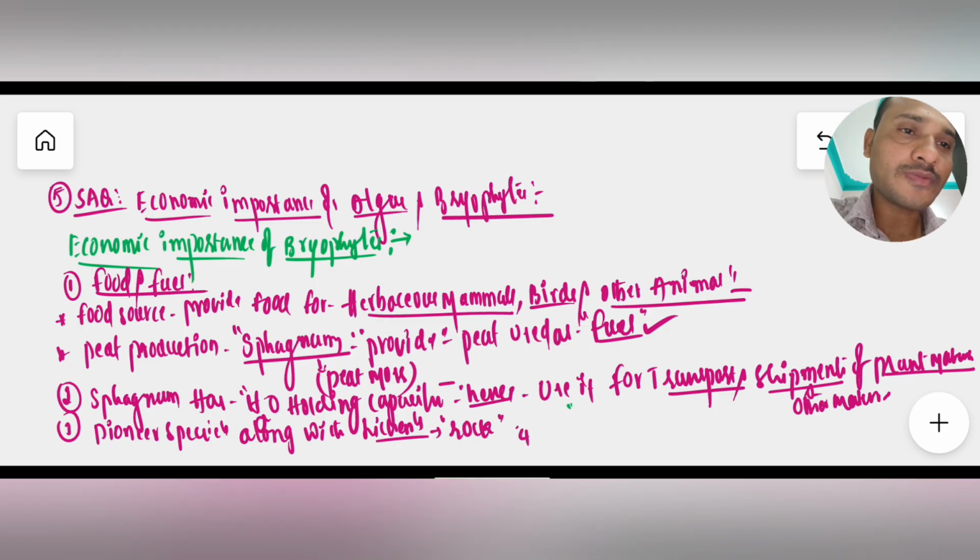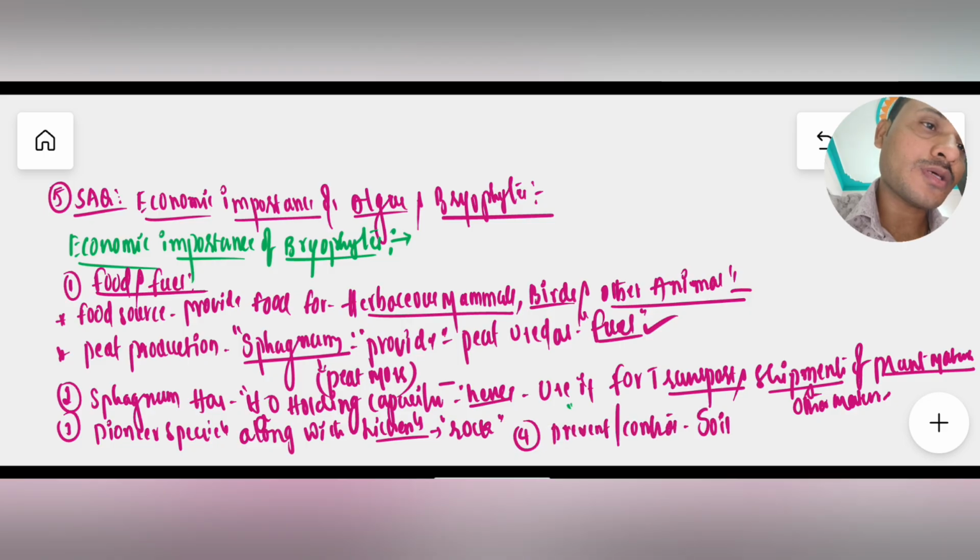And the fourth point you need to remember is that they prevent soil erosion. They control soil erosion, preventing the top soil layer from washing away in heavy rain. So these bryophytes play an important role.